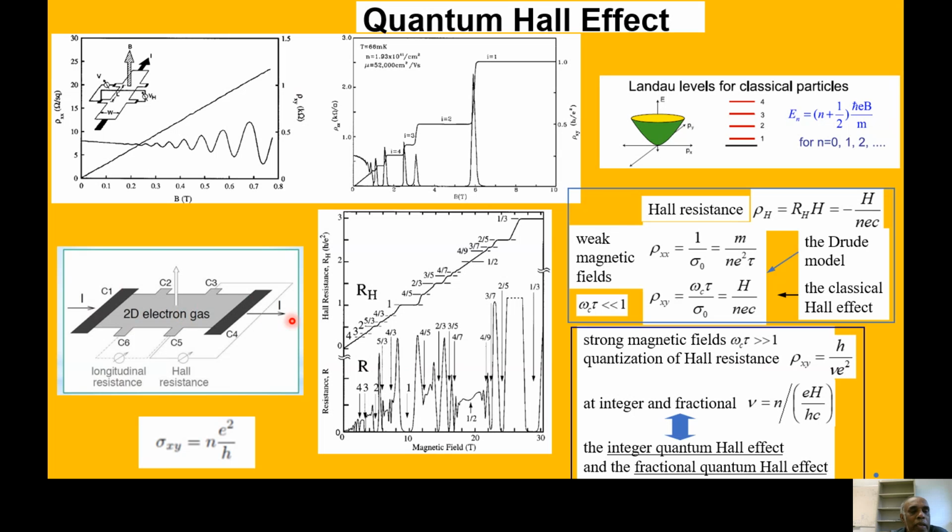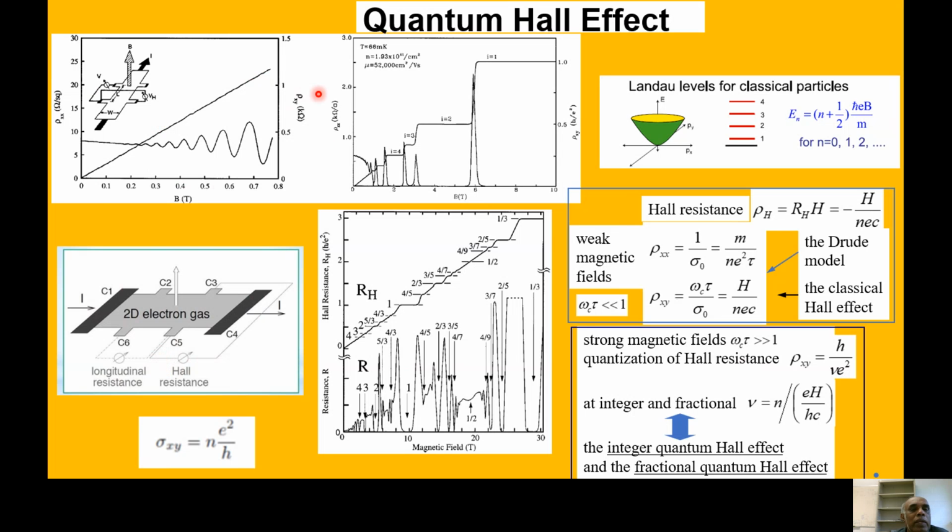But if you want to measure rho xy, you pass your current this way in the x direction, but you measure the voltage across y, like this one. That is what we call rho xy. That is the Hall voltage. This is your longitudinal resistivity, rho xx. This is your Hall voltage, Hall resistance, rho xy.